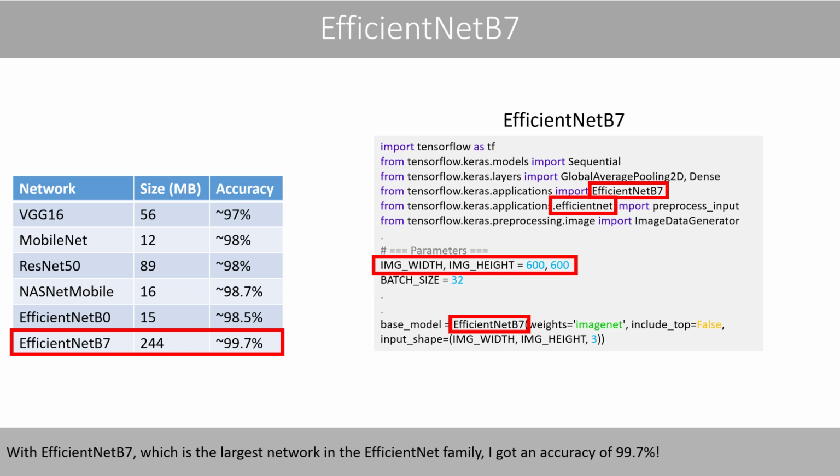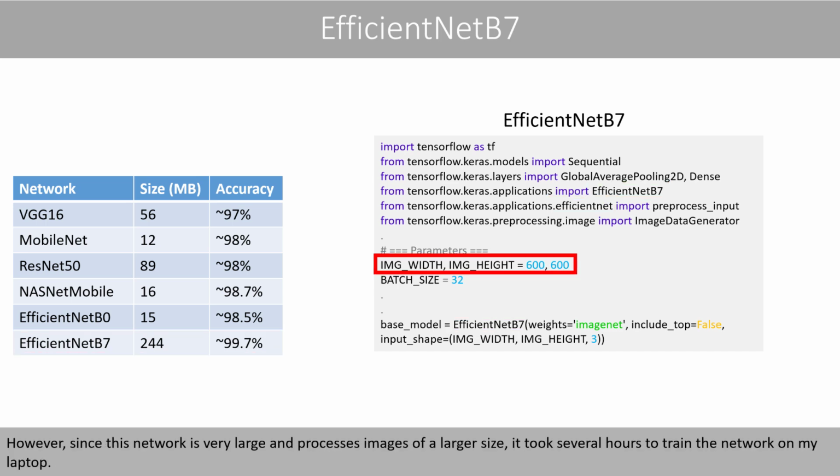With EfficientNet B7, which is the largest network in the EfficientNet family, I got an accuracy of 99.7%. However, since this network is very large and processes images of a larger size, it took several hours to train the network on my laptop.